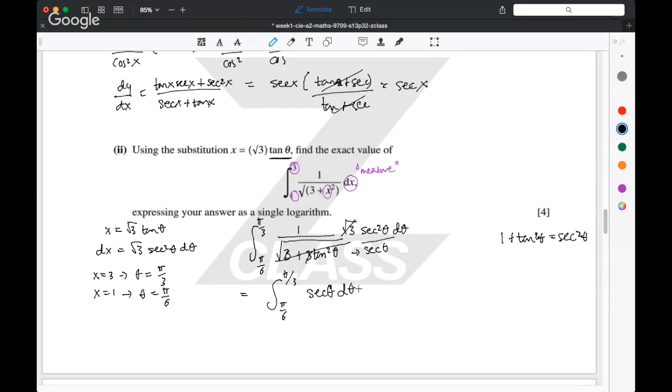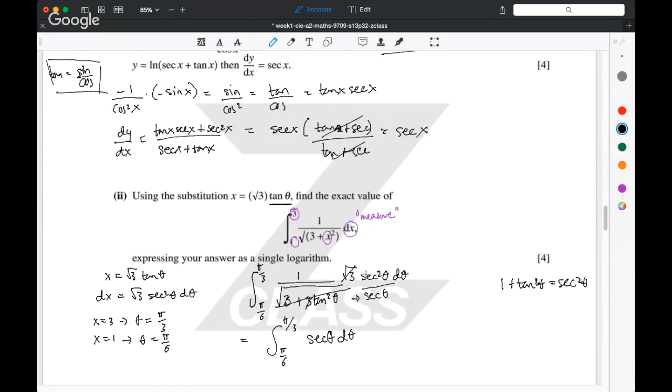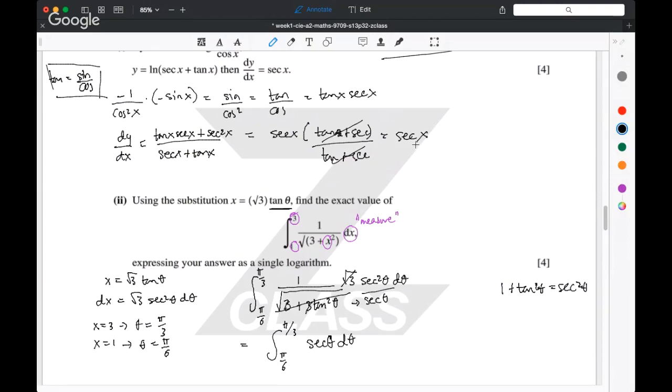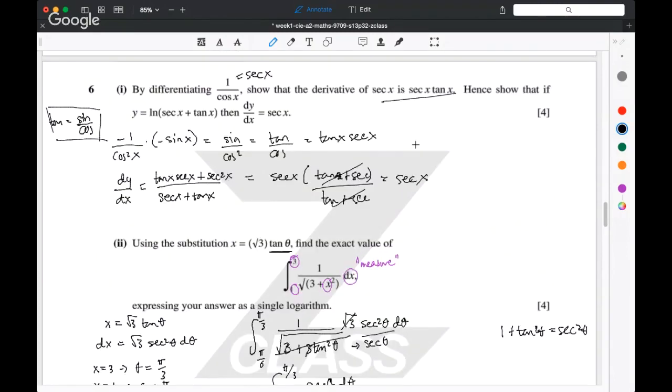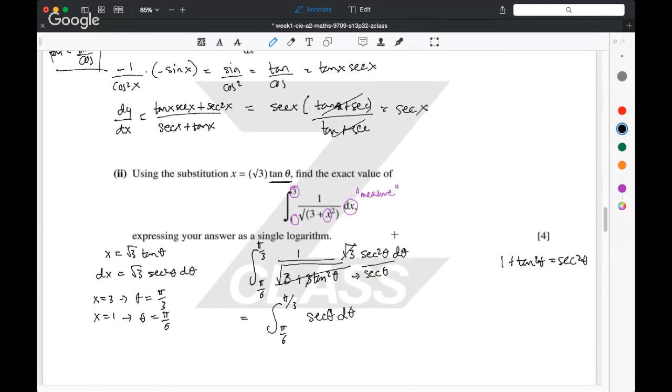And now we use what we did before, where we differentiated something and got sec x. Well, now we're integrating, so we go back. So this is going to be equal to, and we have integrated it now, the natural log of sec theta plus tan theta between pi on 3 and pi on 6.